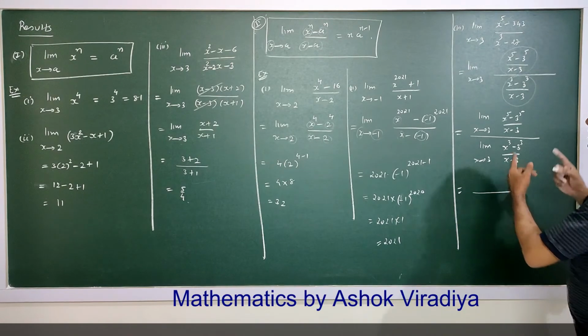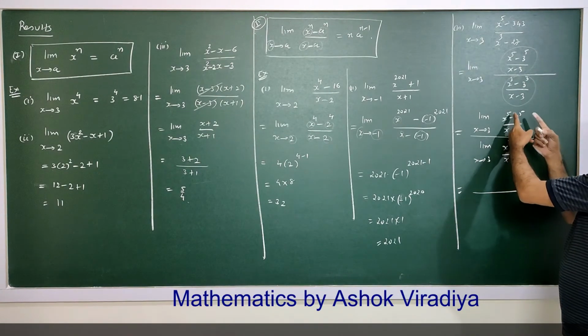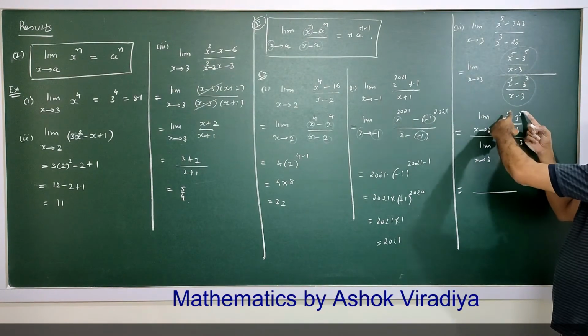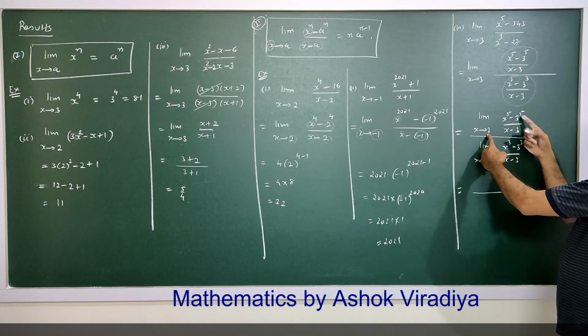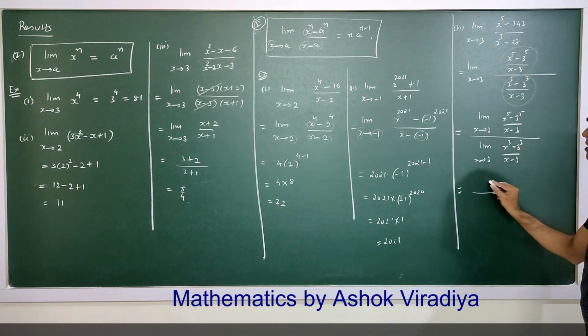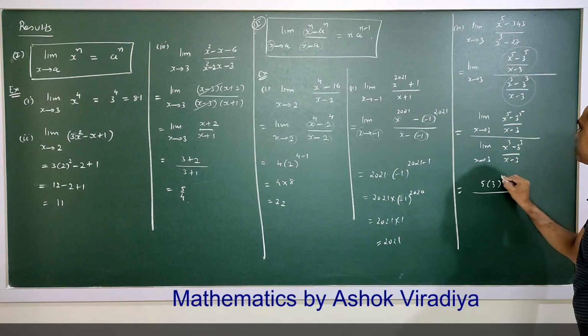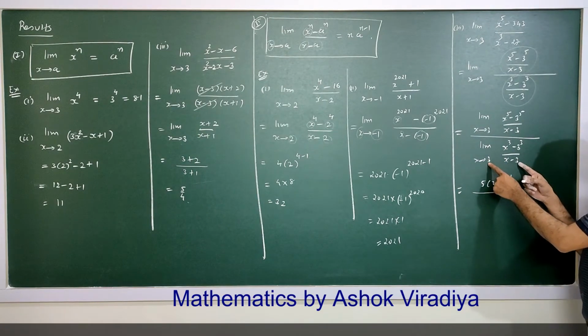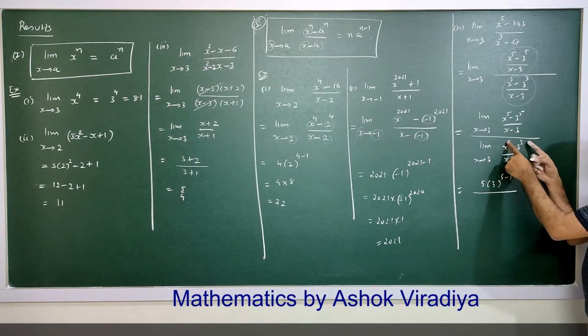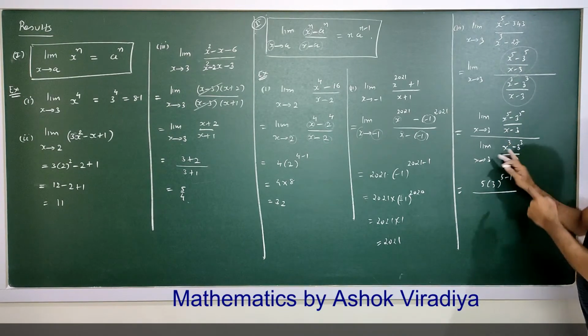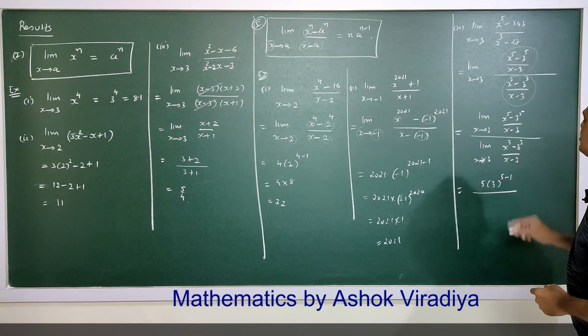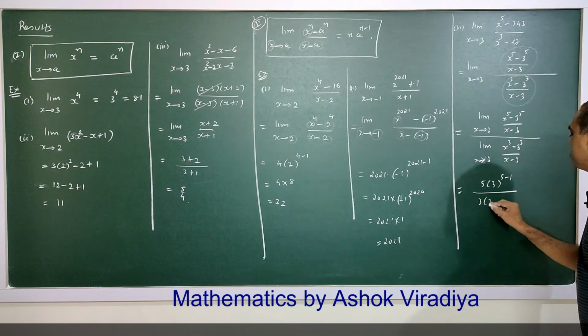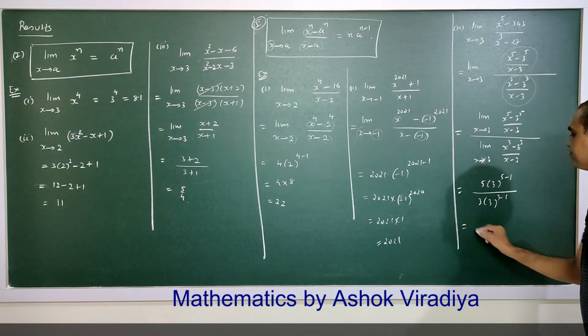See, application in numerator, n is 5, a is 3. So by this formula 5 times 3 raised to 5 minus 1. Now application in denominator, a is 3, n is also 3, so 3 times 3 raised to 3 minus 1.